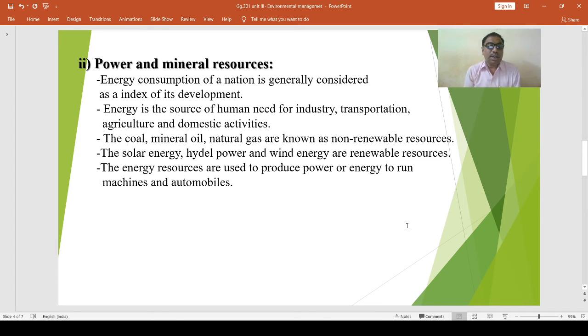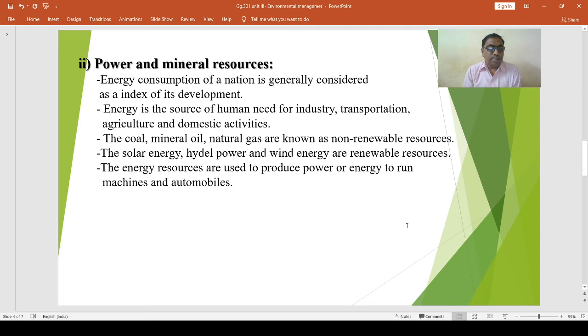Biomass is the organic matter produced by plants and animals, which includes wood, cattle dung, crop residues, manure, sewage, agricultural waste, etc. Biomass energy is of the following types. Energy plantation: solar energy is trapped by green plants and converted into biomass energy.